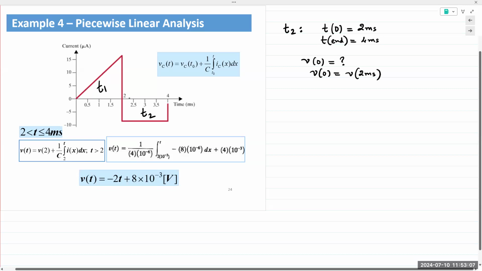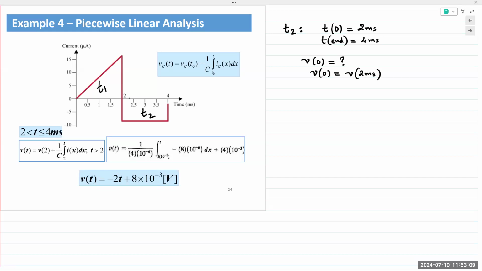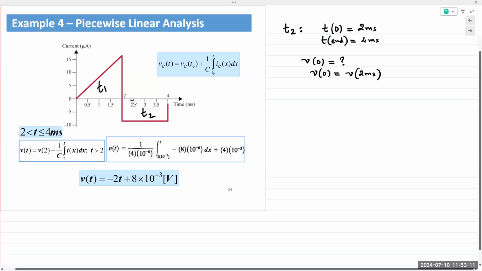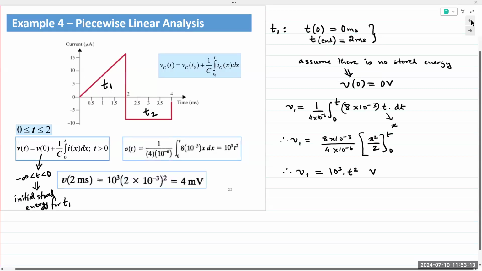And for that, we need to go to the prior time interval, which is here. The voltage at t equals 2 milliseconds would give us this, 4 millivolts.